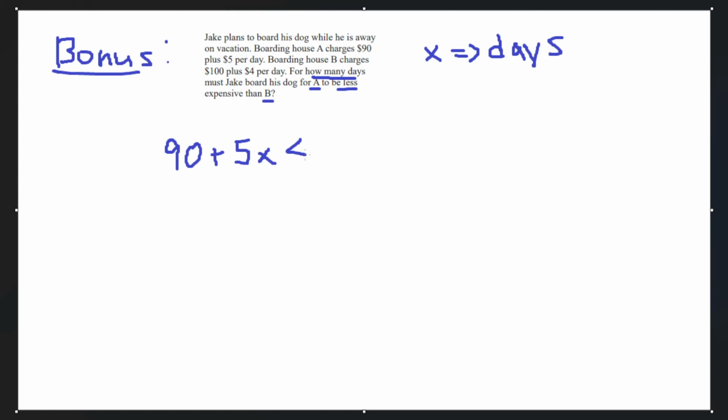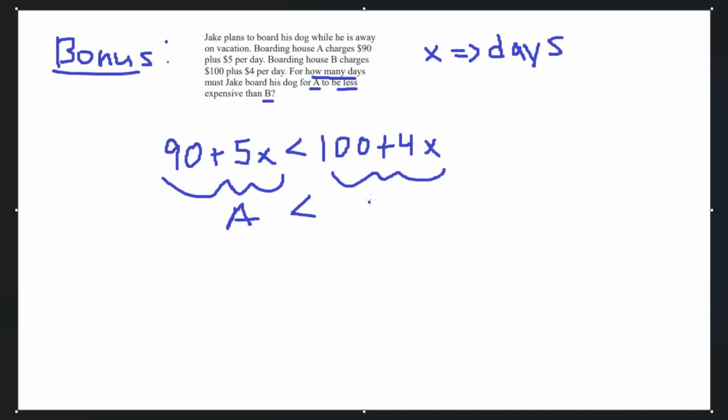So 90 plus 5x, we need that to be less than 100 plus 4x. So we know that this is A, needs to be less than this is B. Okay?